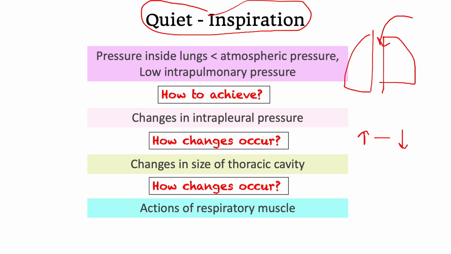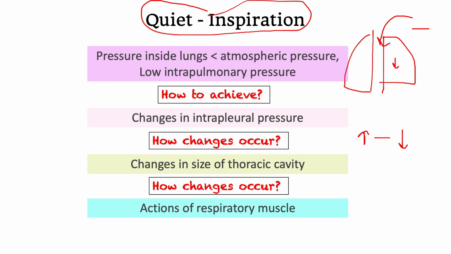So in order for us to inspire, we need to reduce the pressure inside our lung cavity. When the pressure inside our lung cavity is lesser than the atmospheric pressure, then air can go into our lungs.